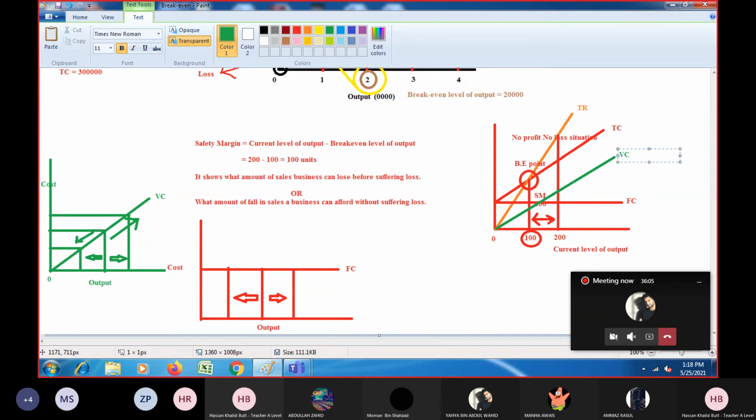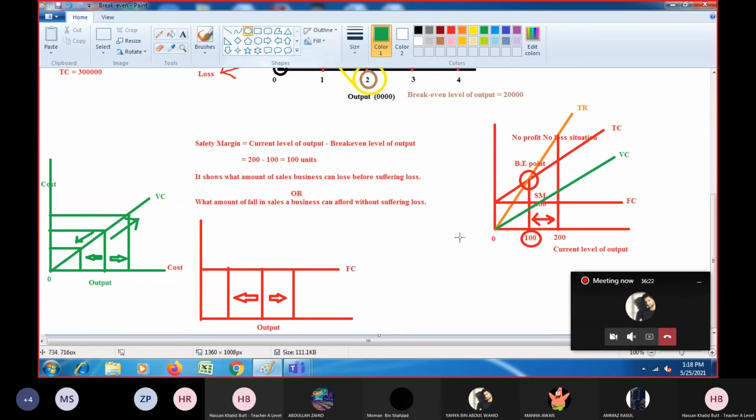Sometimes students take variable cost as total revenue. For example, if there is a question where a break-even chart or these cost curves are given, how do you get to know which is the total revenue curve and which is the variable cost curve? Because you can see that both curves, the orange line and the green line, start from the origin.